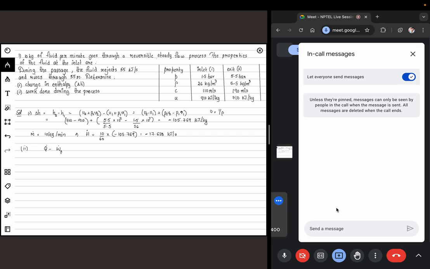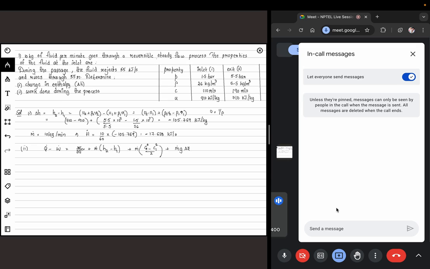I'm just using X to represent the shaft work, or else you can just write Q dot minus W dot is del ECV dt plus m dot times H out minus H in, or to be consistent with the notation here, H2 minus H1, plus m dot times C2 square minus C1 square by 2, plus m dot g delta Z, where delta Z is your change in elevation. In this case it is given as 55 meter and it rises, so this will be positive.